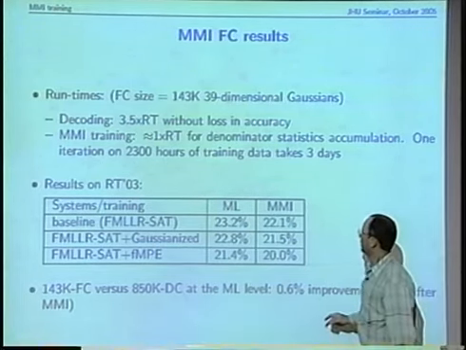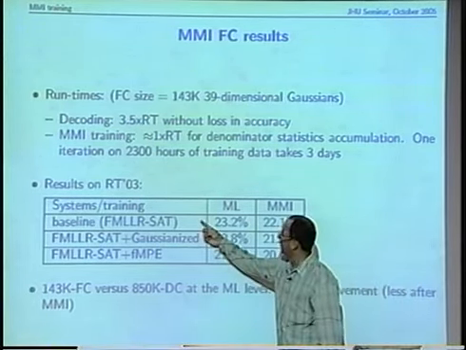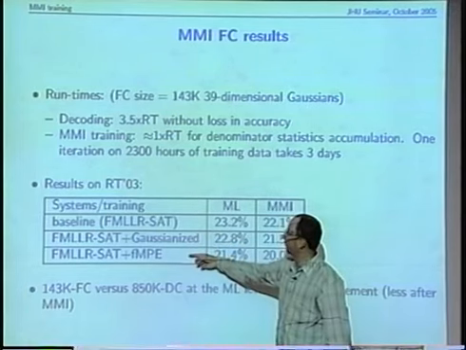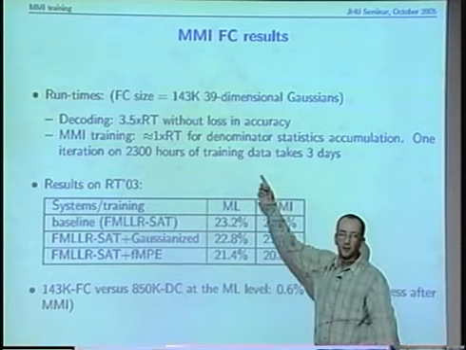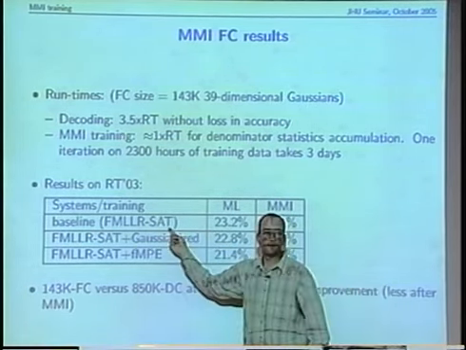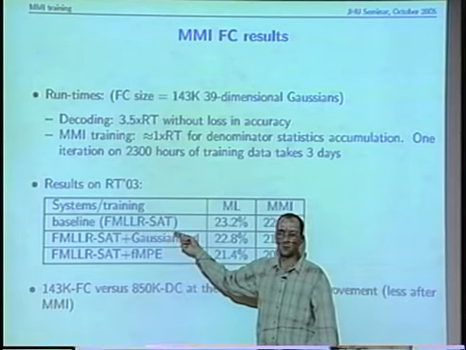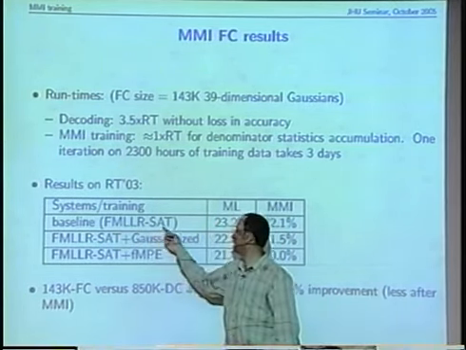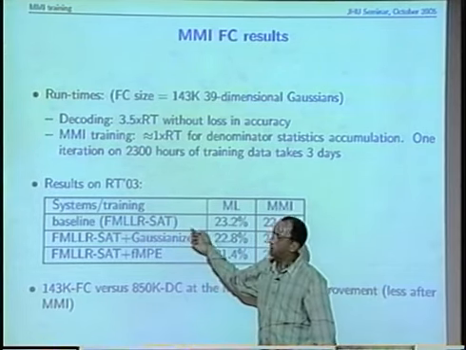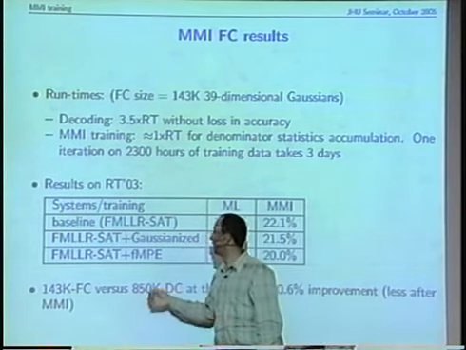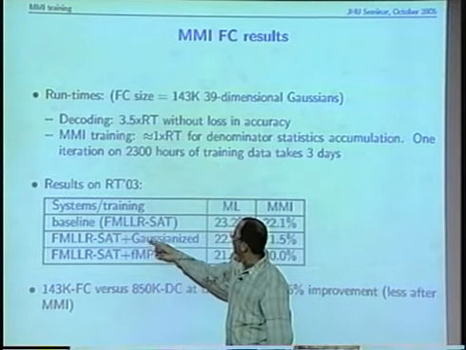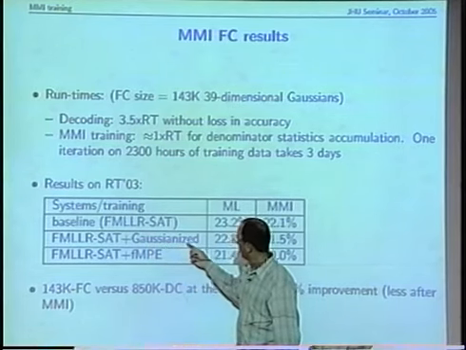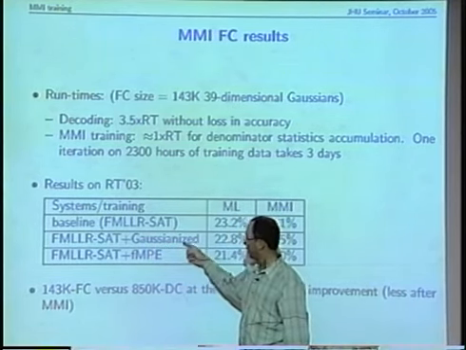And now the results. Here we compare 3 different systems. They're all full covariance systems, and they're all the same size. The only difference here is the feature space in which those models were trained. The baseline feature space is the FMLR SAT, which comes on top of VTLN, LDA, MLLT. Then here we have a Gaussianized feature space on top of SAT.